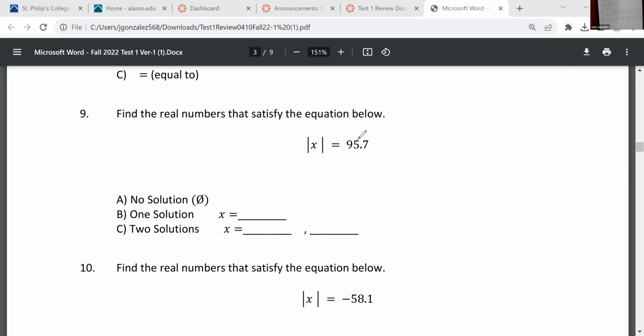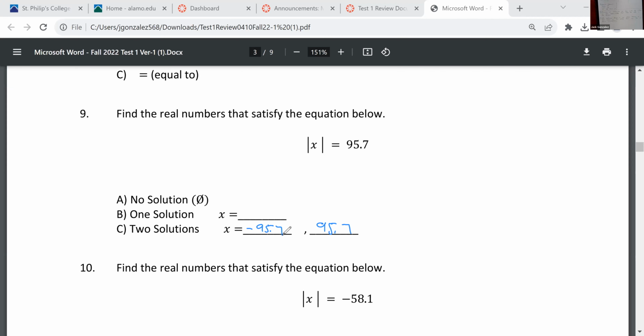So it would be two solutions. Plug in the negative, absolute value makes it positive, so it would be equal. Plug in the positive, absolute value would make it stay the same, so it would be equal.